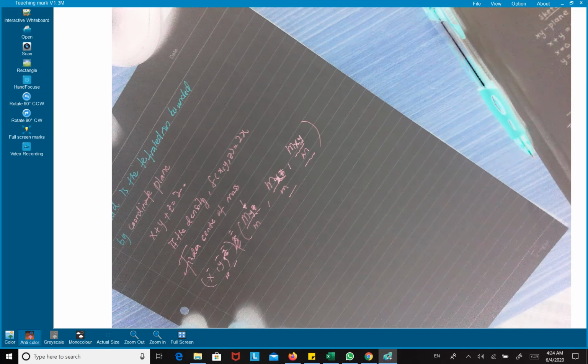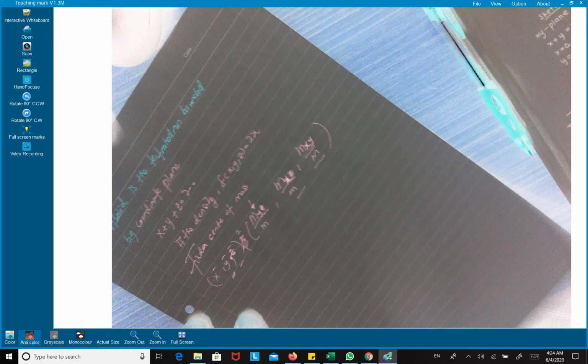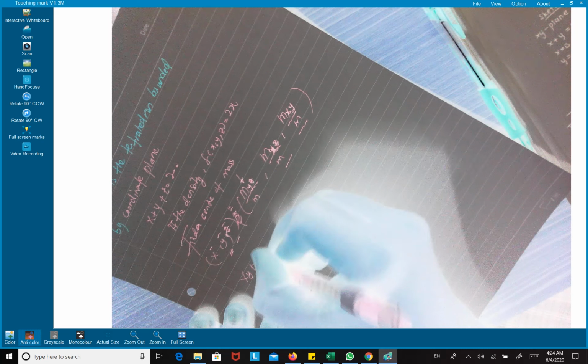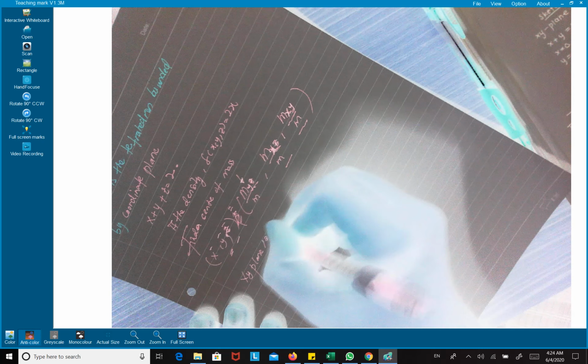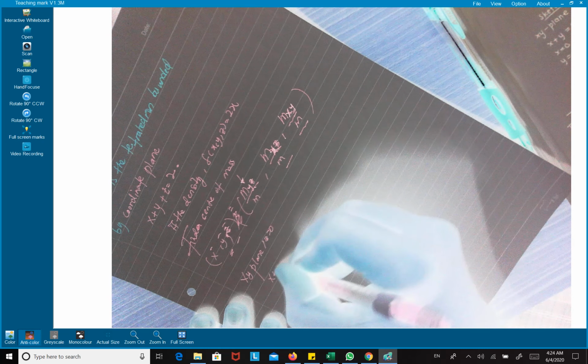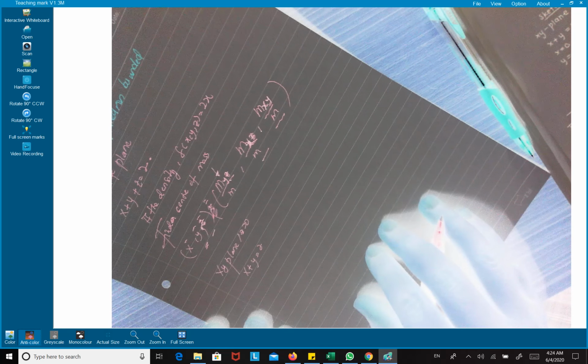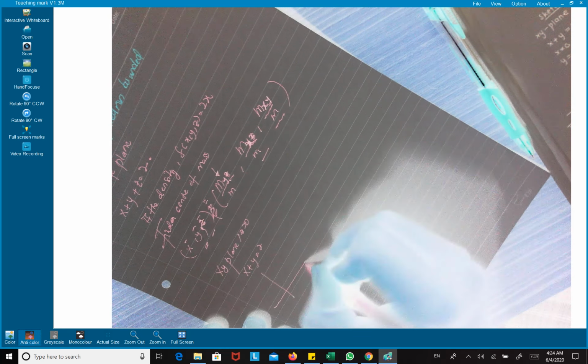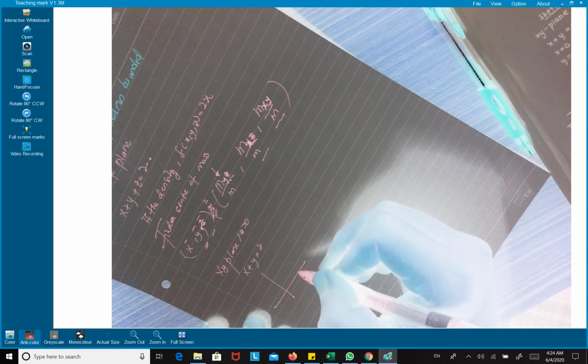So first we try to sketch. I think this is easy to sketch. For the xy plane, z equals 0, so you have x plus y equals to 2. When you plot this, when x is 0, y is 2, when y is 0, x equals 2.